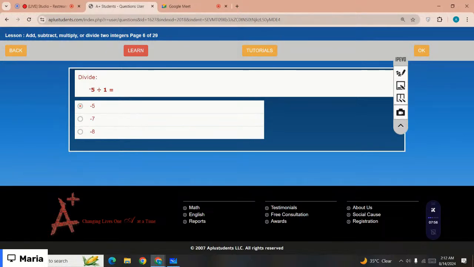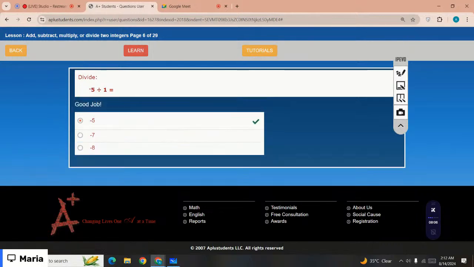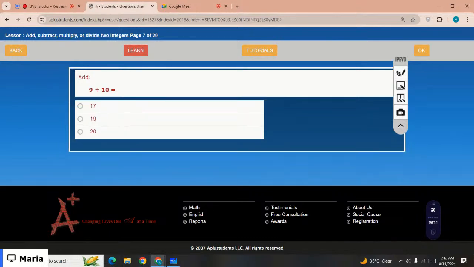In case of multiplying and dividing integers, if one of the numbers is negative, the answer is negative, right? That is the case for multiplying and dividing integers. The next one is 9 plus 10, which is the correct option.